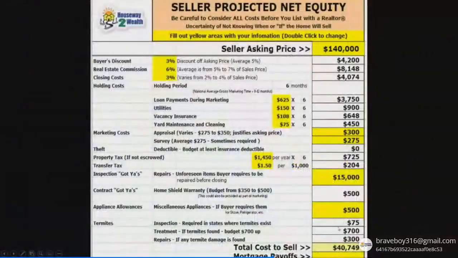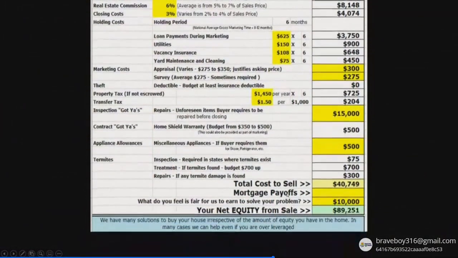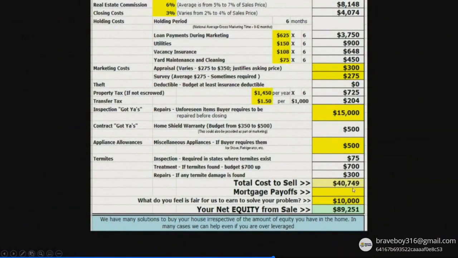So if you look back at the screen again, basically what we said in this example is that the seller is subject to a cost to sell of $40,000, which means they're actually going to net $89,000 from the sale. When you look at their whole situation, that's what they're actually going to net with all of this cost.